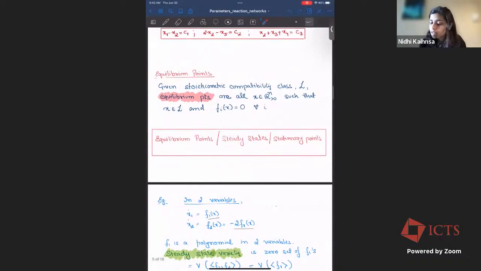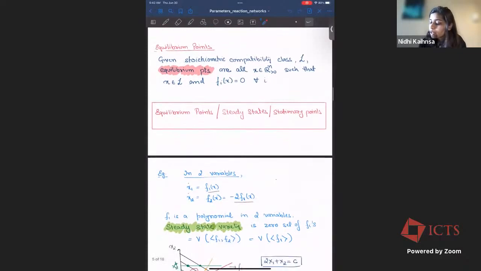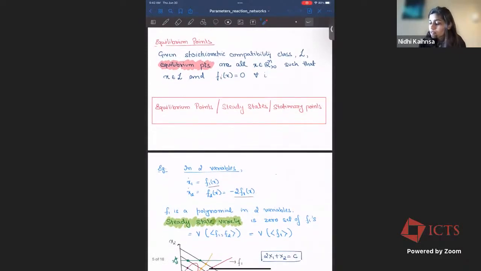So there is a linear relation given by twice x1 plus x2 equals c. Now, f1 is a polynomial in 2 variables, so basically it's a curve. A steady state variety is the zero set of all of the polynomials f1 and f2. In this case, it is basically the zero set of just f1, because f2 lies in the ideal generated by f1.